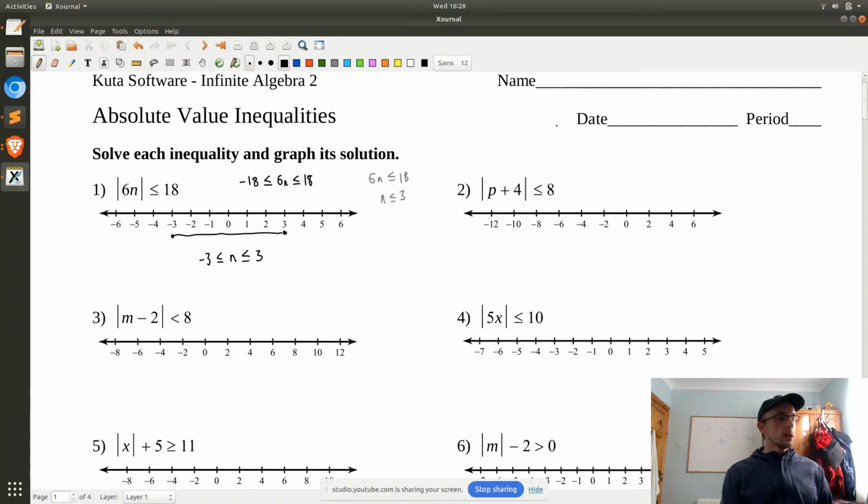What about this one here? Absolute value of p plus 4 is less than or equal to 8. Solving it like a regular inequality, the answer would be p is less than or equal to 4. I will do my graph underneath it. P is less than or equal to 4, and so you would go like that.